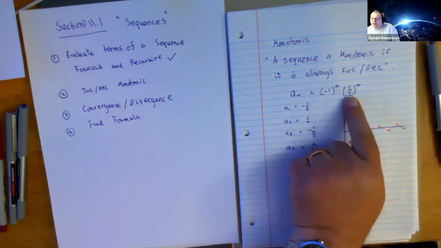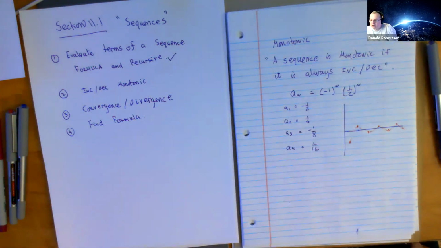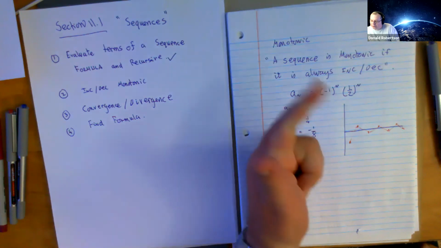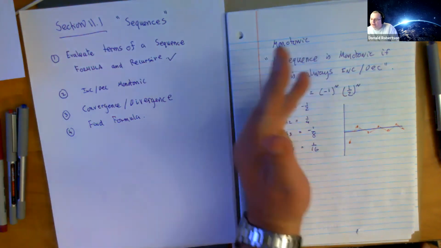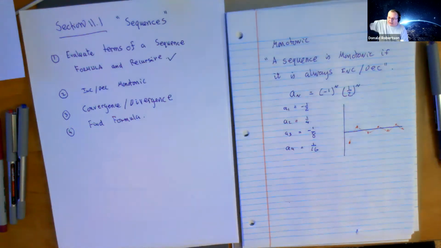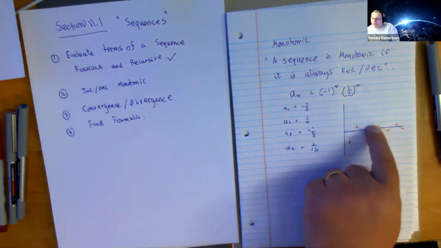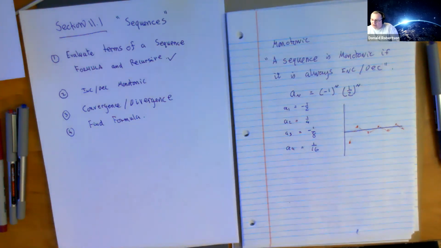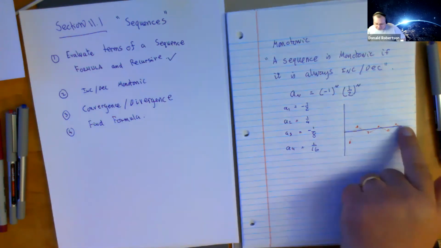Suppose that 1/2 to the n was 2 to the n. Wouldn't it go -2, +4, -8, +16, -32? Can you imagine those zigzags getting bigger and bigger zigzags? Isn't this one here much more like a damped oscillation kind of thing, where each bounce is a little bit less than the previous bounce? And so this would converge to 0.